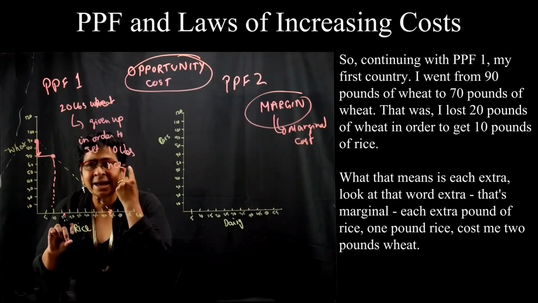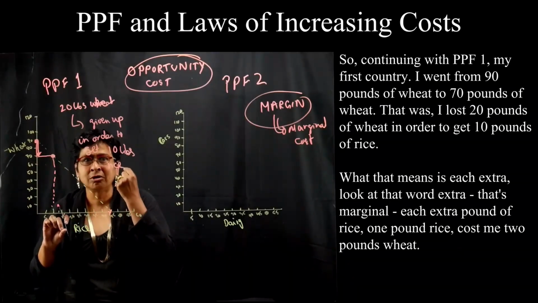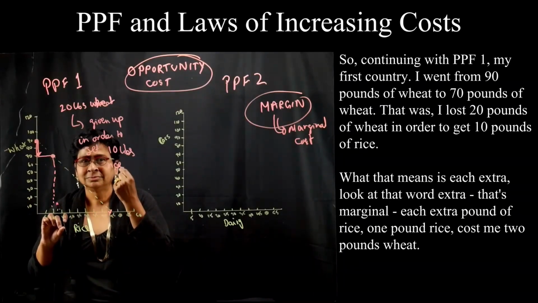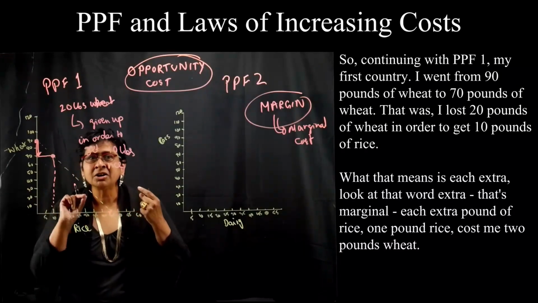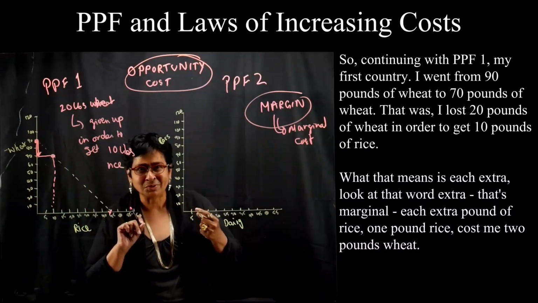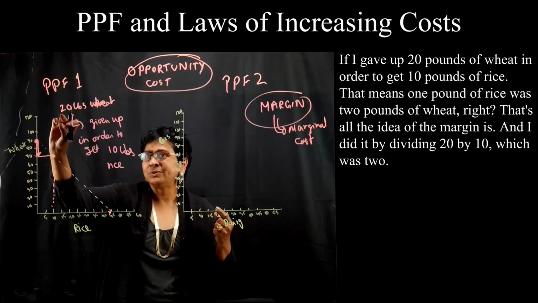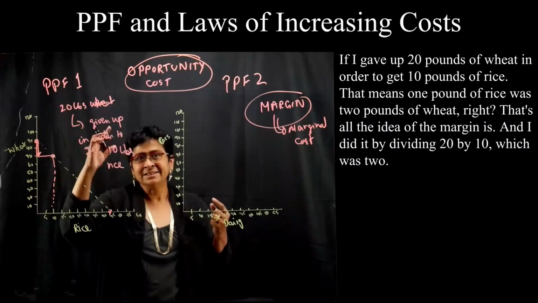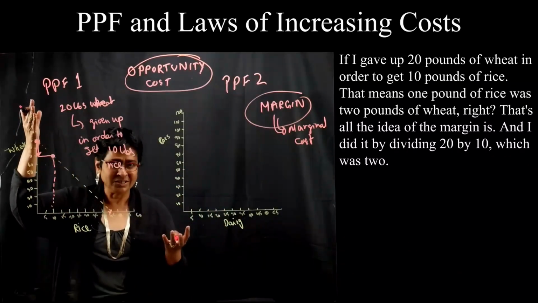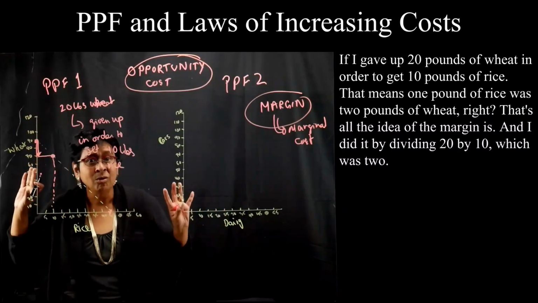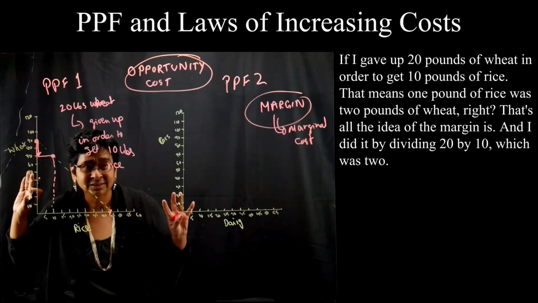Each extra pound of rice costs me 2 pounds of wheat. If I gave up 20 pounds of wheat in order to get 10 pounds of rice, that means 1 pound of rice was 2 pounds of wheat, right? That's all the idea of the margin is.